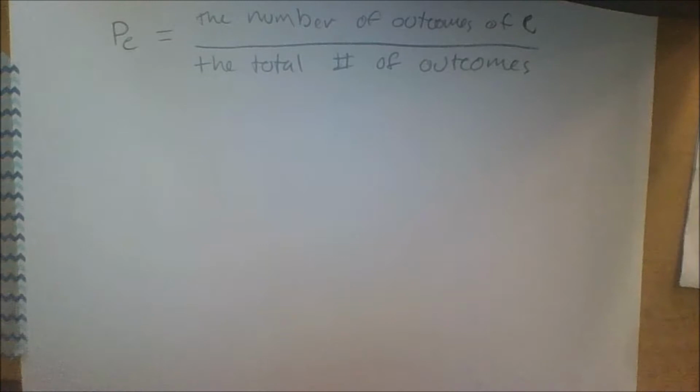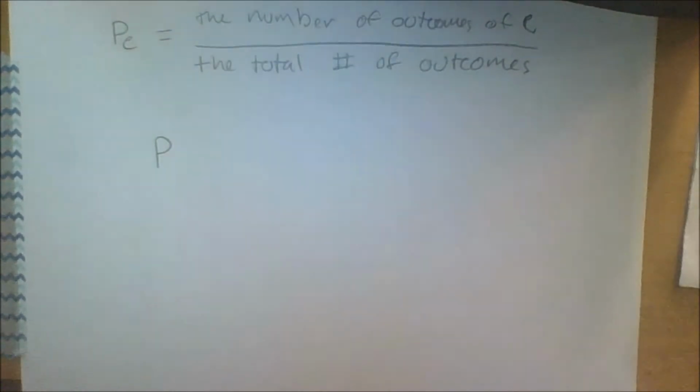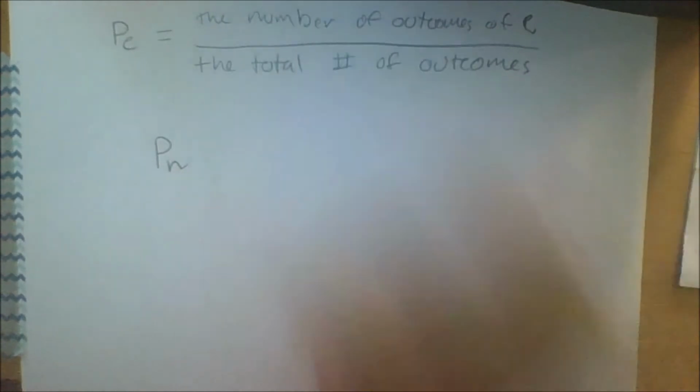So if I want to pull a heart out of a deck of cards, we'll do the probability of heart, the event.